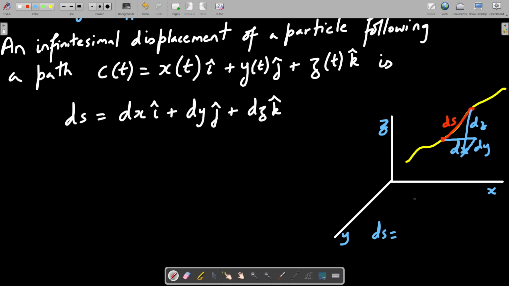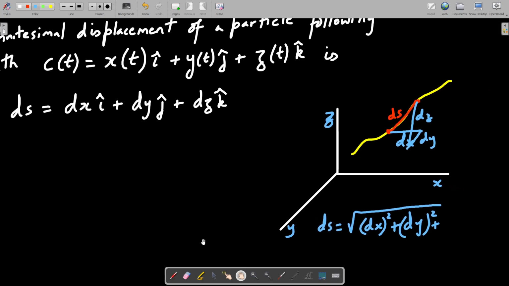From three-dimensional geometry, you know this ds distance has to be nothing but the length in the x coordinate plus length in the y coordinate and then the next. Okay, understood now?